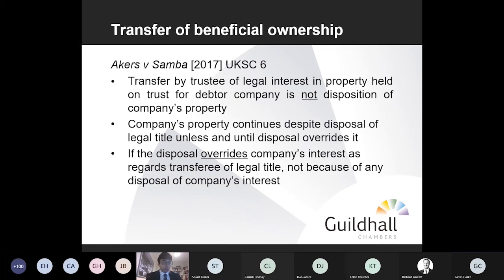So if the property is only held by one trustee, then as a matter of law, the beneficial interest will remain. If it's two trustees, the beneficial interest will be overreached. The beneficiary of the property will not be left with no remedies because they'll be able to sue the trustee for breach of trust. But it's the operation of law that means that their beneficial interest no longer exists.